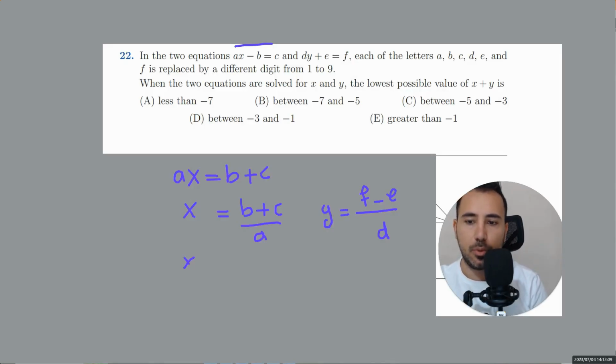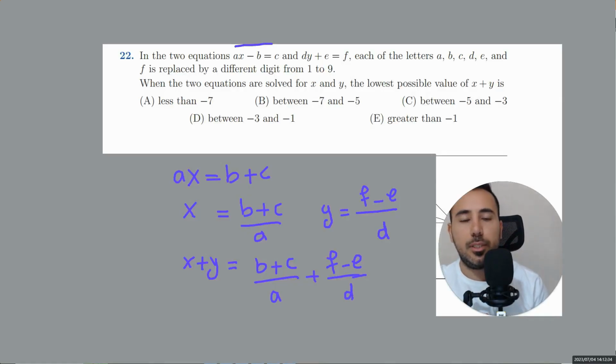So x plus y would be adding these two things. So we're going to have x plus y will be b plus c over a plus f minus e over d. So now we want to get the lowest possible value.